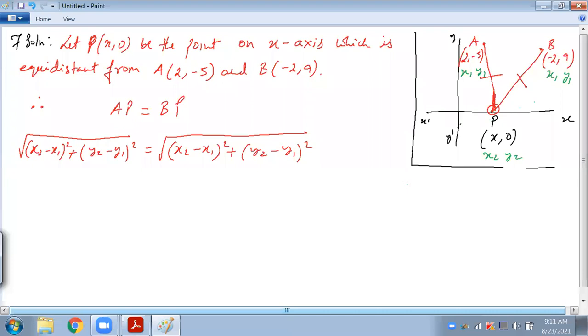Okay, now look at A and P and put the value on the left, and look at B and P and put the value on the right. So x2 is how much? X minus x1 is how much? 2 plus y2 is how much? 0 minus y1 is what? Minus 5.